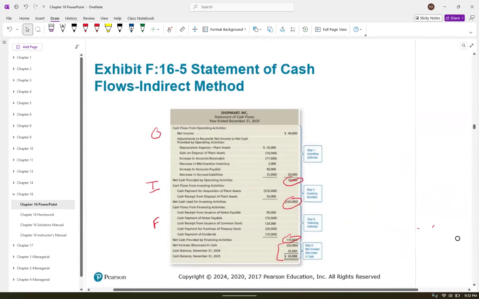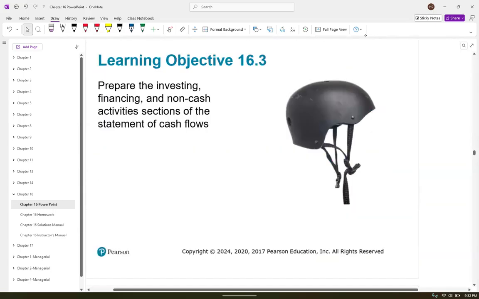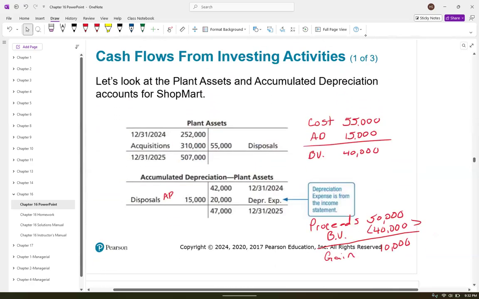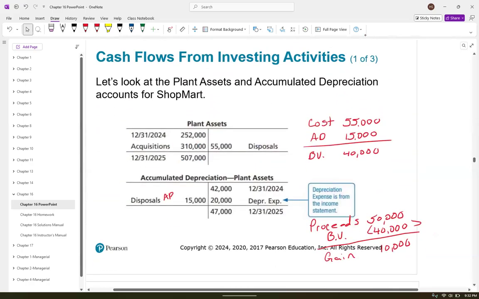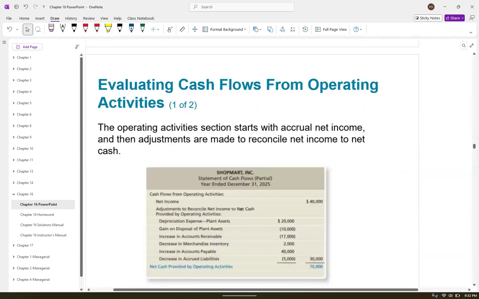Since I'm going to go back down here to where that T account was, they didn't have to tell us that new plant assets was 310. They did have to tell us at least the 55,000. We could have backed into the 310 based on the beginning balance, ending balance, and how much was disposed of. So 310,000 was spent in investing activities.